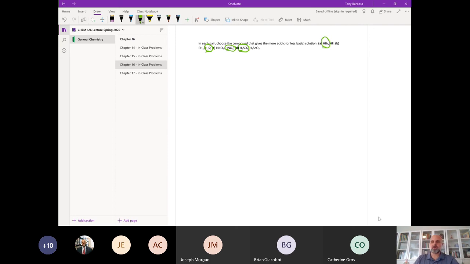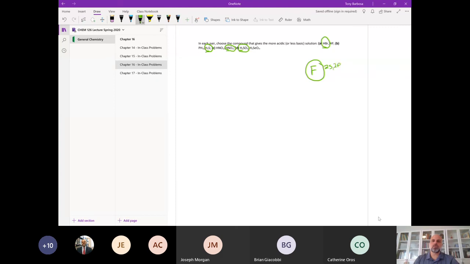If we have the fluorine atom, remember we talked about looking at the second orbital here, where we have the 2s and the 2p orbitals.